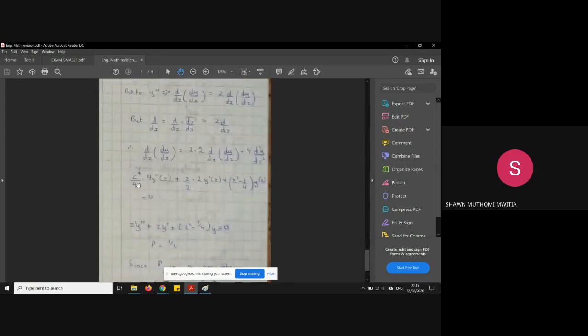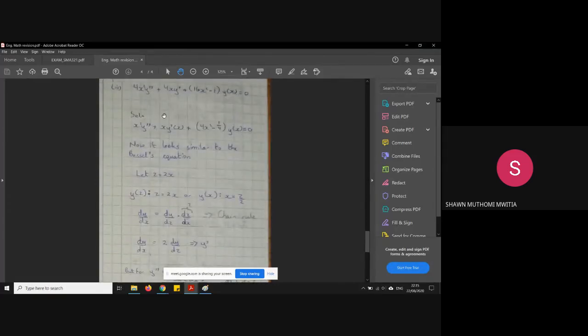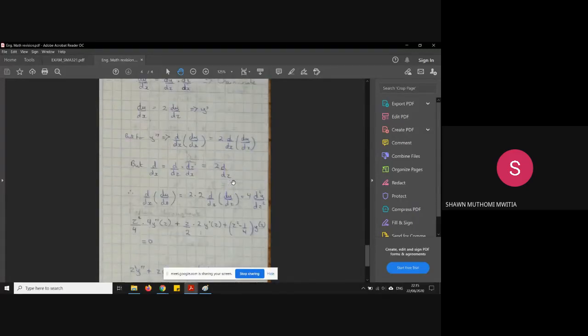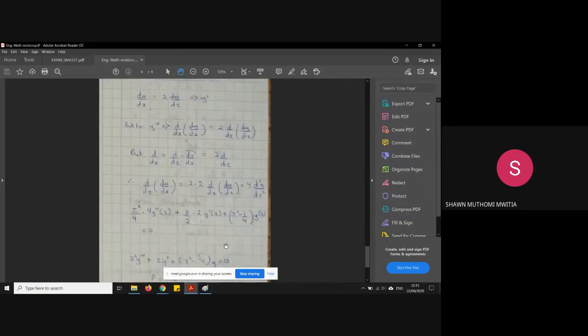That's what we've done over here. So z squared over 4 times 4 times the second derivative of y. This x, z equals 2x, so x will equal z over 2. So z over 2 times 2 times the first derivative. Then remember we moved this 4x squared, which was equal to z squared. So that's what we did, z squared minus a quarter.